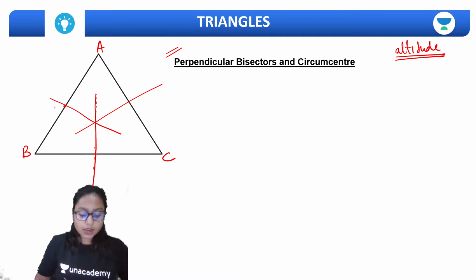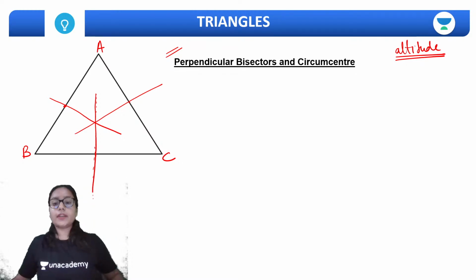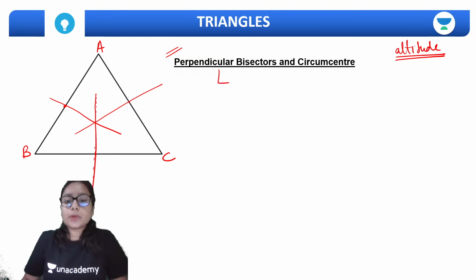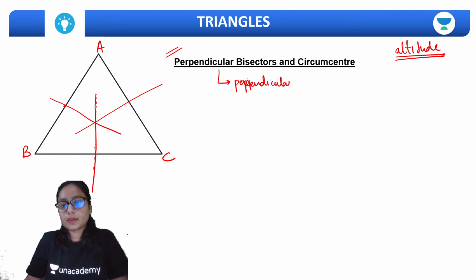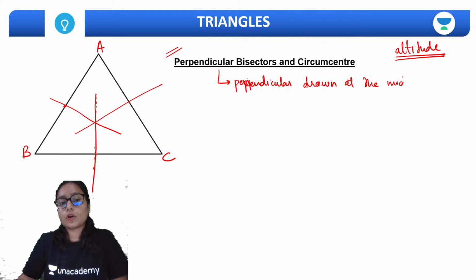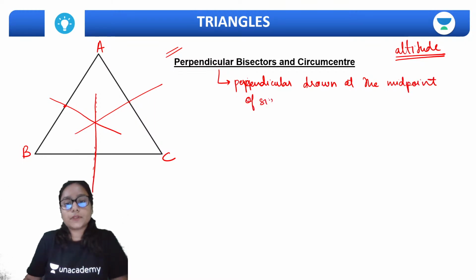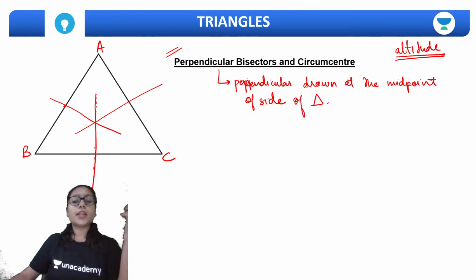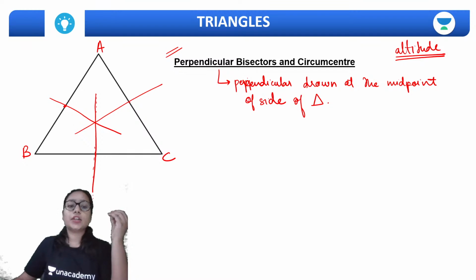Please repeat along with the definition. So what is a perpendicular bisector? This is a perpendicular drawn at the midpoint of the side of a triangle.